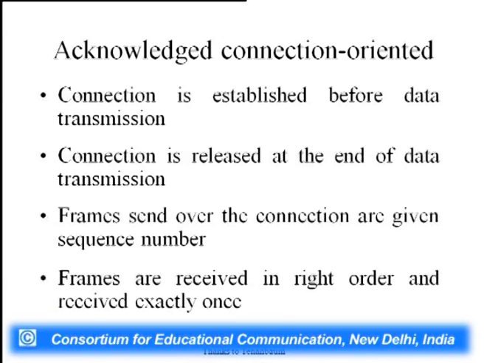So that even if the frames are not received in the order in which they were transmitted, looking at the sequence number, they can be arranged in the right order, because we know sequence number 2 will follow 1 and 3 will follow 2, and therefore they can be reassembled in the right order.